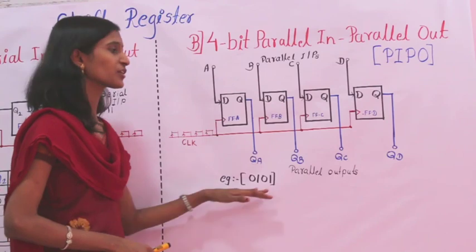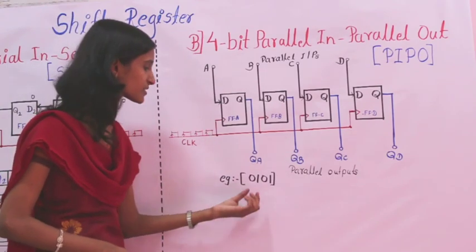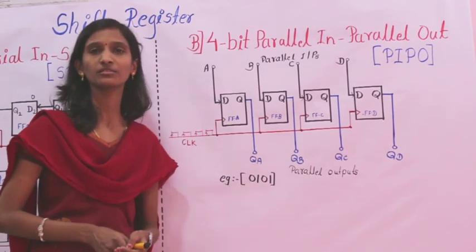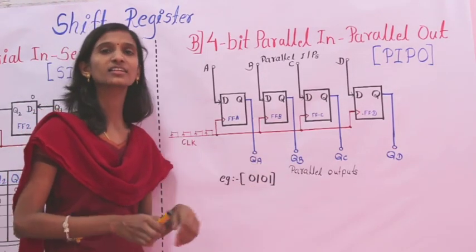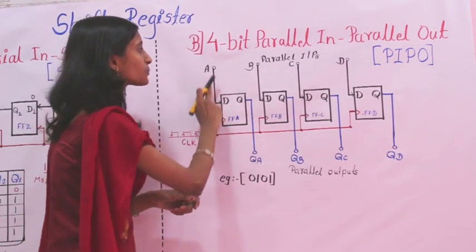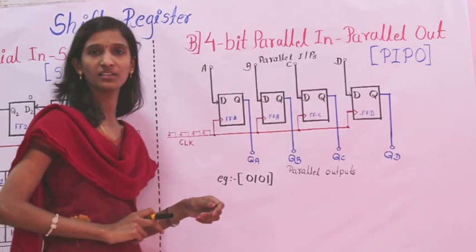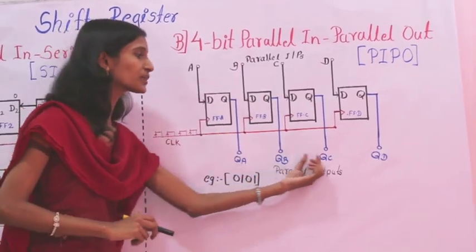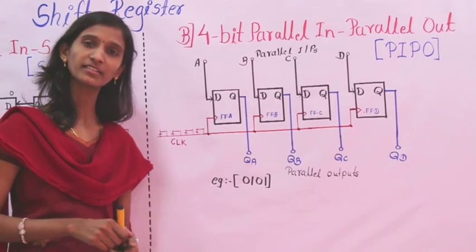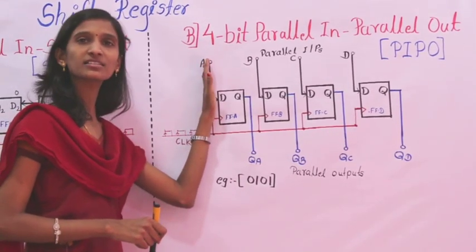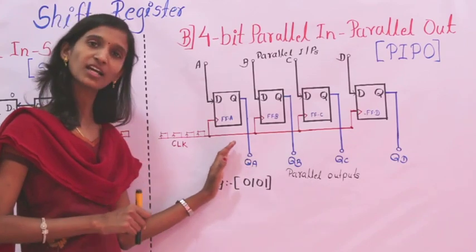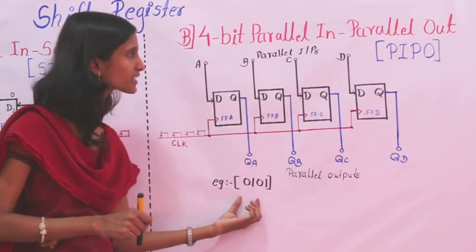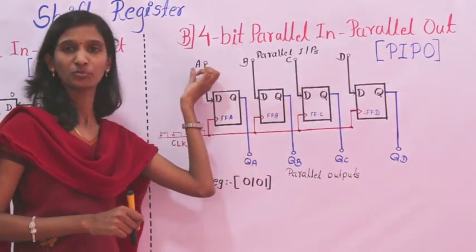So here I want to transfer, for example, 0101 through this 4-bit PIPO shift register. You can see the inputs are A, B, C, D terminals and the outputs are QA, QB, QC and QD. So there are 4 terminals at the input side and 4 at the output side. At a time we have to give these 4 bits through all the input sides.